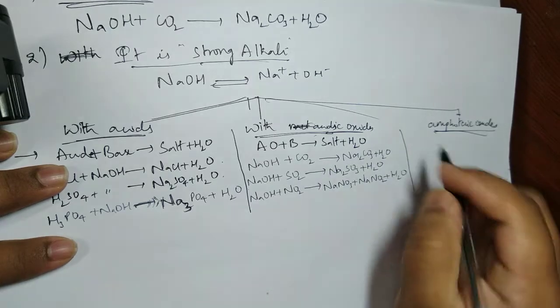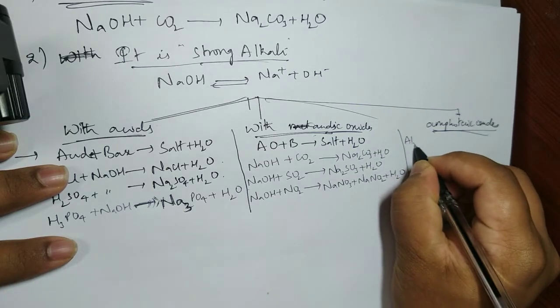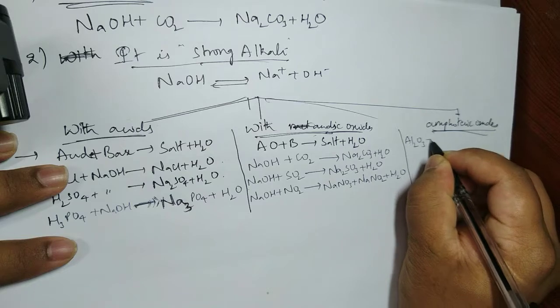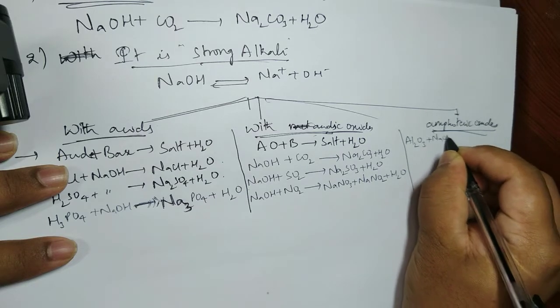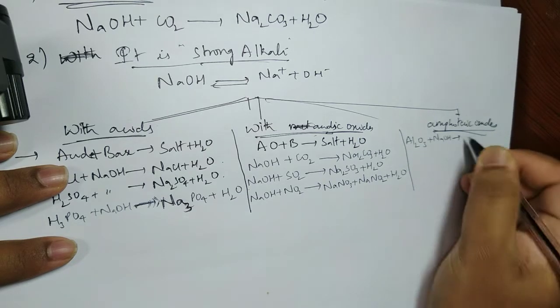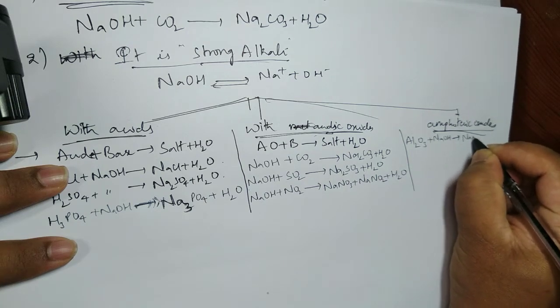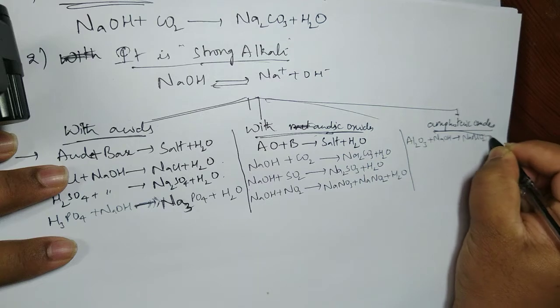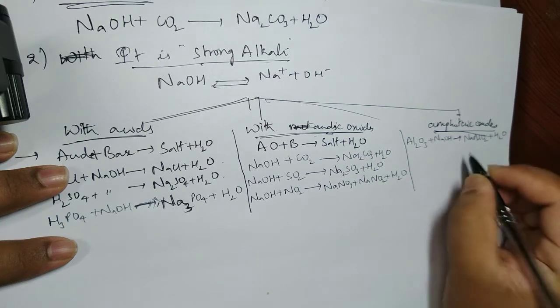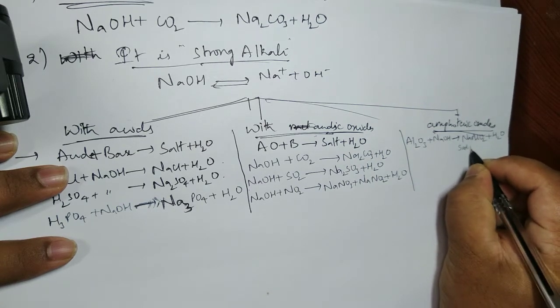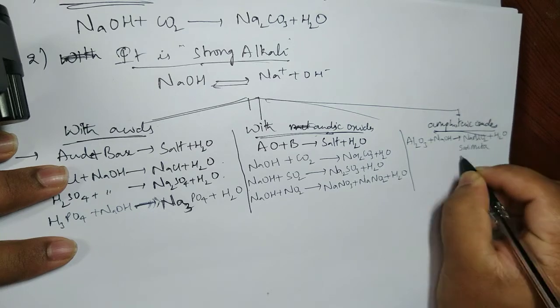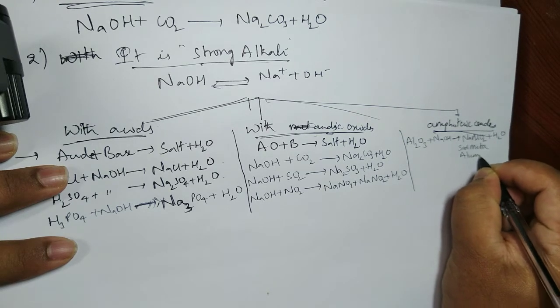Very commonly seen is Al2O3. We have seen this already many times. It forms sodium aluminate or sodium meta-aluminate, NaAlO2 plus water.